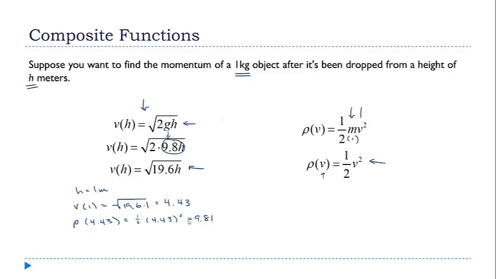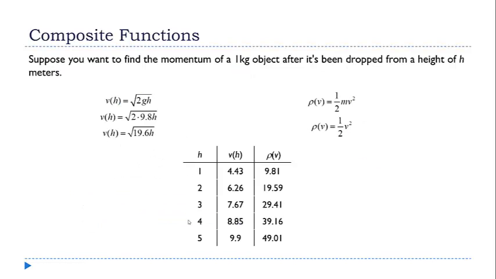Right, so you see what I'm talking about here. I have to do this in 2 steps. And I've got some more numbers here for us to look at so we can see what's going on. You start with the h value, and you substitute that into the velocity formula, and that gives you your velocity. Then we go to the second step in the sequence.